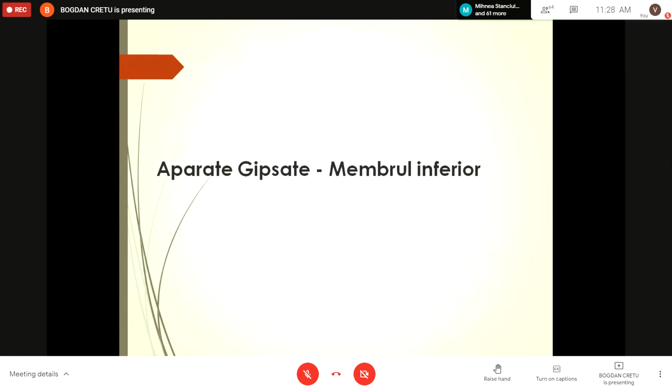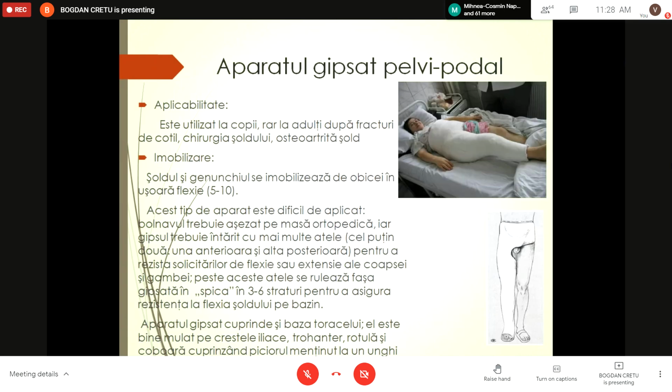Then we'll talk about different types of immobilizations for the lower limb. Here we have the pelvipodal immobilization. It is used rarely in adults.